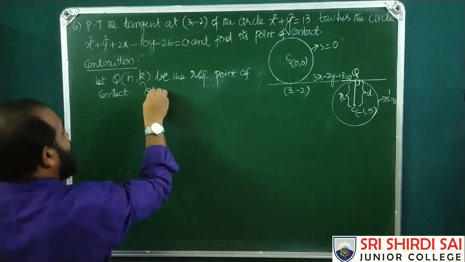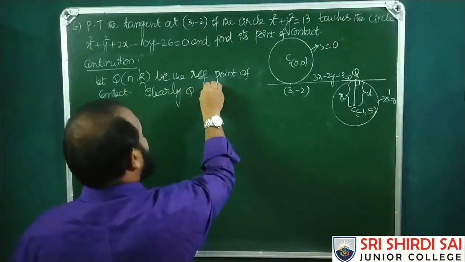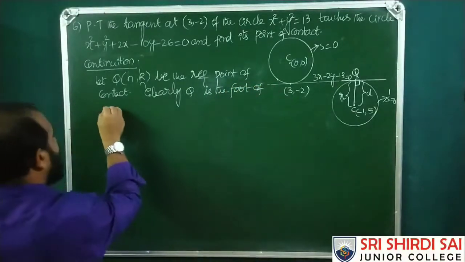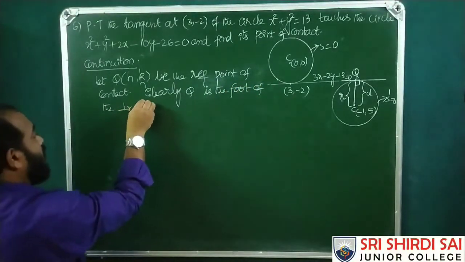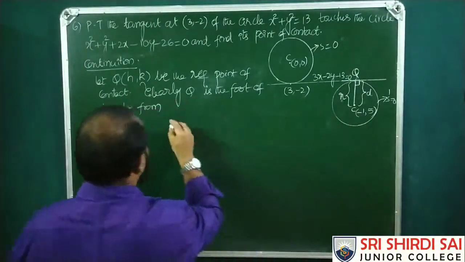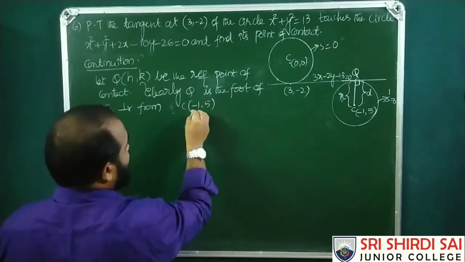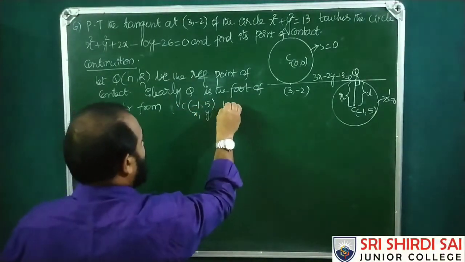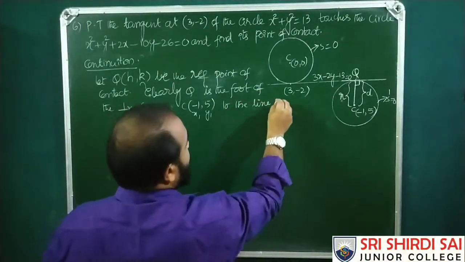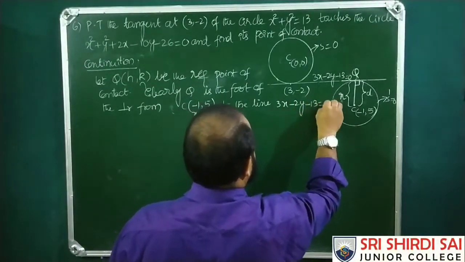Clearly Q is the foot of the perpendicular from C(-1, 5), which is (x1, y1), to the line 3x - 2y - 13 = 0.